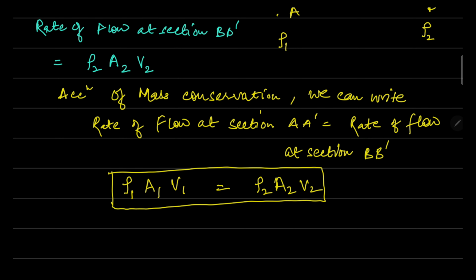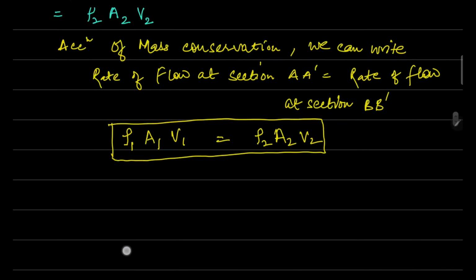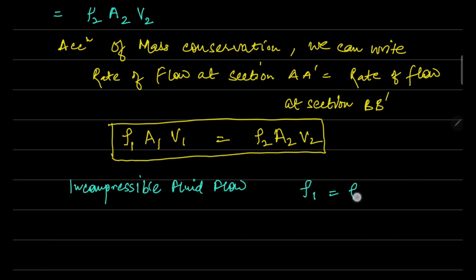Here we have considered that the density of the fluid at the two sections is also varying. So if we consider a special case when this is an incompressible fluid flow, then at both sections the density will be the same.